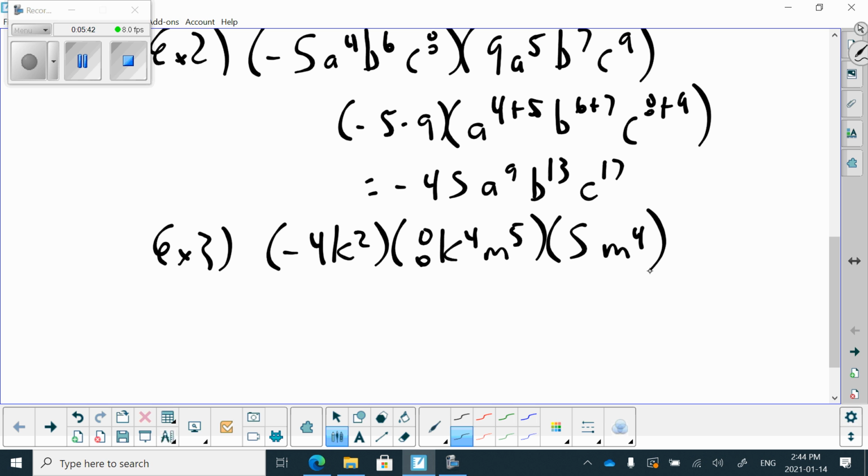So, same as we did before, Darren, what are we going to put together first? Negative 4 times what? 8, no, 5. Yeah, all the numbers. And then the k's: k squared, cubed, squared is right.